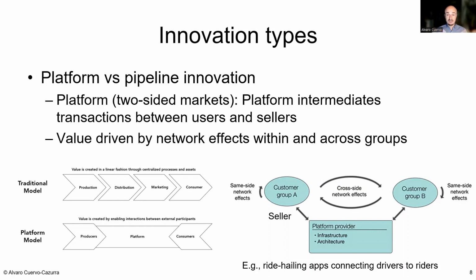Then I just match them and take some cut, doing the matching thanks to the smartphone and things like this. The idea is changing the way we connect markets, away from things coming input, output, one way, and now we are in the middle. This is a platform innovation.